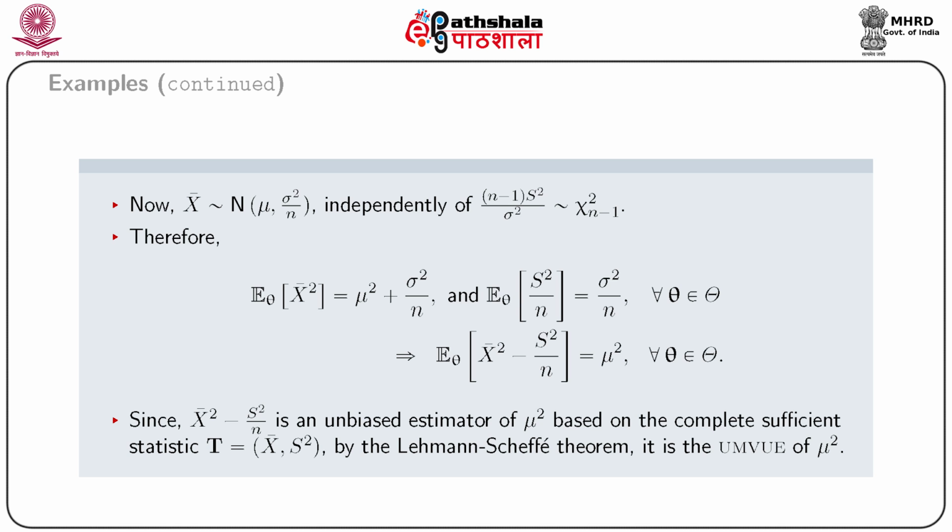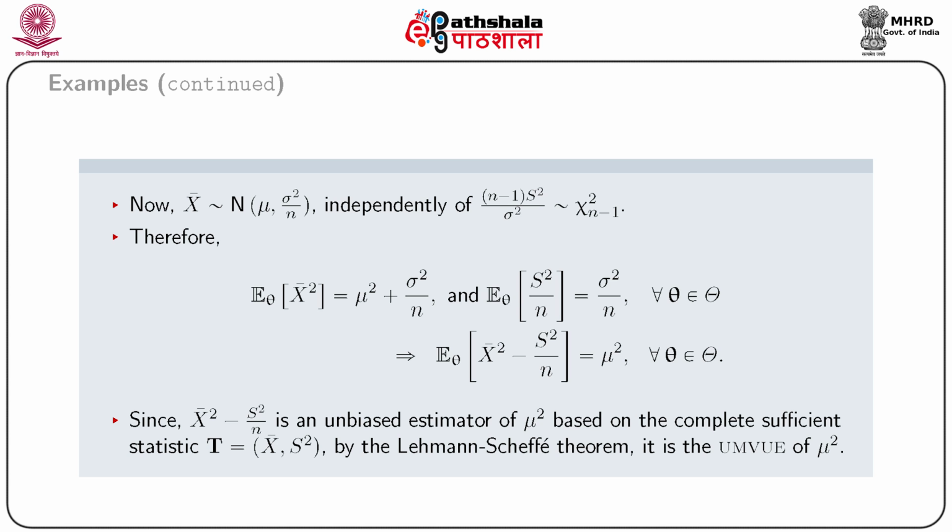Since (n minus 1) S square divided by sigma square follows chi-square distribution with n minus 1 degrees of freedom, we have expectation of S square equals sigma square. Hence we get expectation of X bar square minus S square by n is equal to theta square.